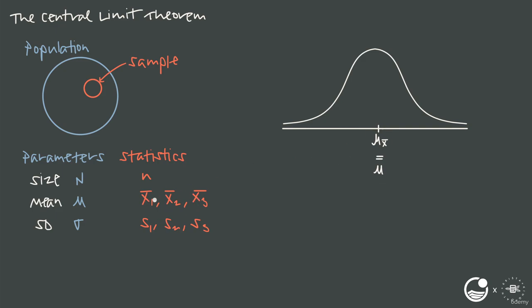So we might calculate the first sample mean and find that its value is, let's say, right here. And then we calculate a second sample mean and we find out that its value is here. We calculate a third sample mean and we find out that its value is here. And as we continue calculating more sample means, taking more samples and finding the mean of each sample, we see that those means start to cluster more heavily around this one value here.